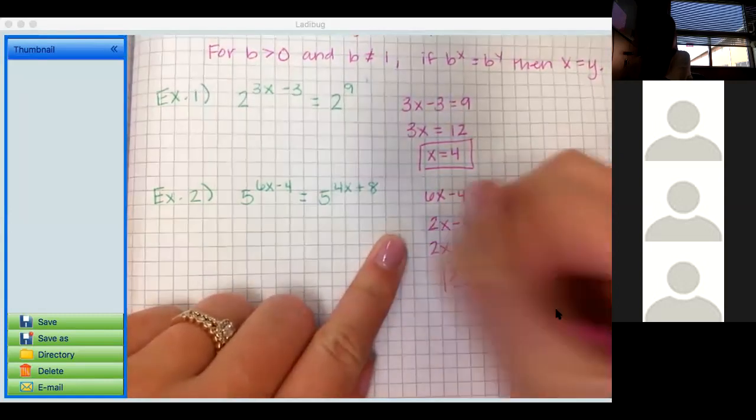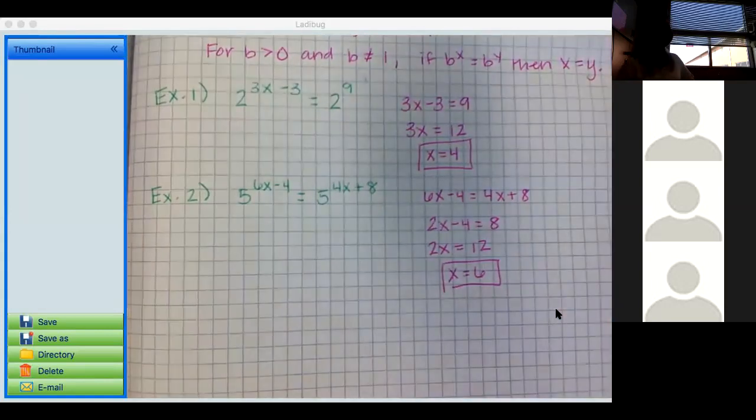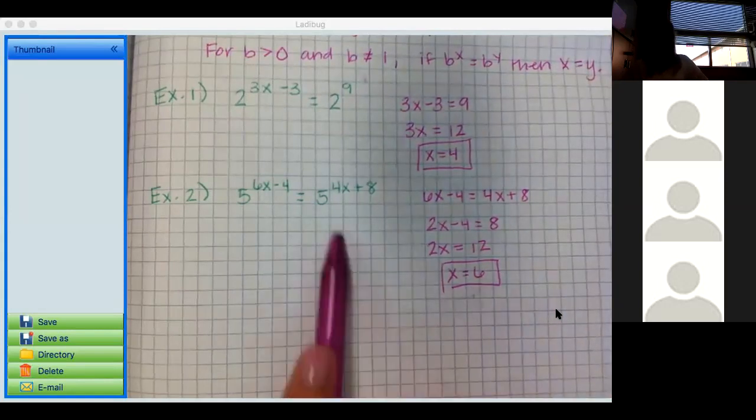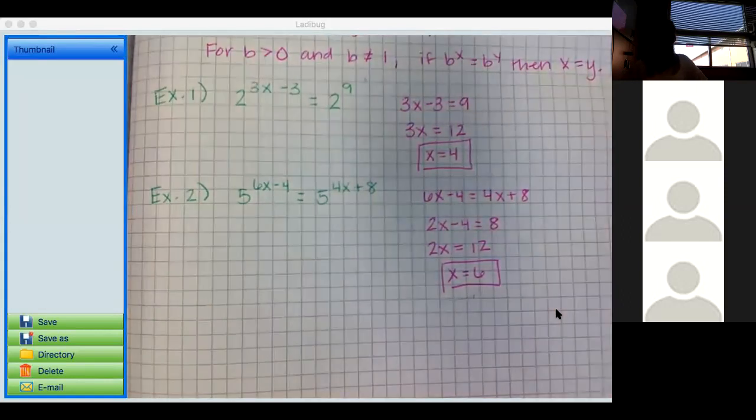Good. Now, in a perfect world, this will work all the time. Do we live in a perfect world? No. So please do me a favor on your homework and also on your quizzes and also on your tests. Y'all need to be substituting these answers back in and making sure they work.